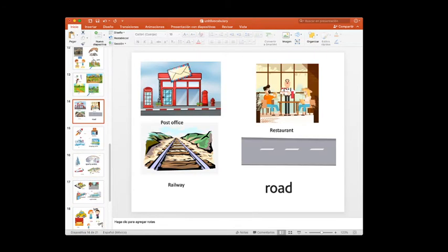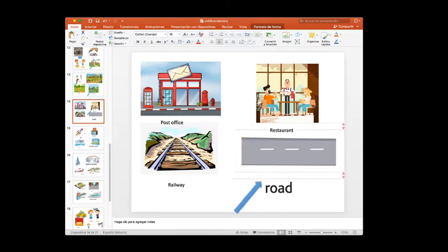Sorry, here. This other one is post office. Okay, this is railway. Okay, and here where you go with your friends or your lovely friend, etc. This is a restaurant.